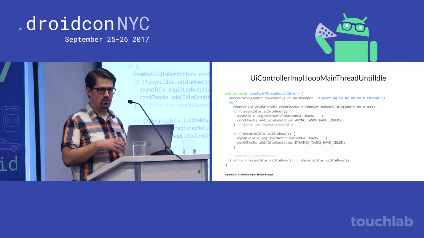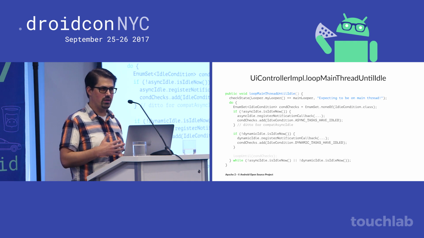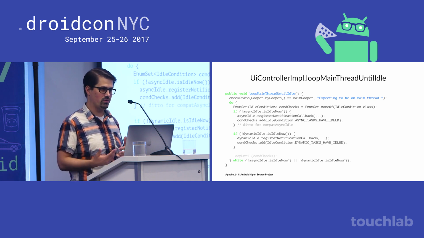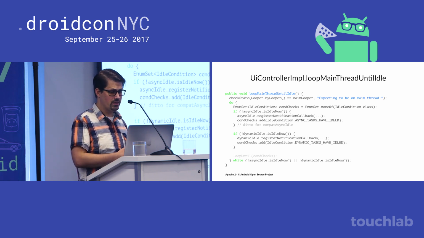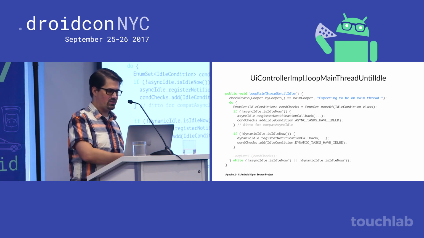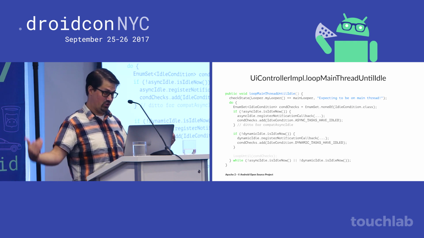And async idle is a wrapper around the executor thread for your async tasks. So Espresso knows about all of your async tasks and if they're busy at the moment. And so this returns true if there's nothing going on the async task thread, or returns false if there's an async task currently executing. So if it's false, it's going to add async tasks to a set of condition checks that it needs to later check for.